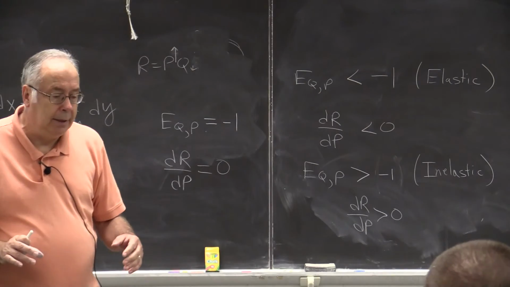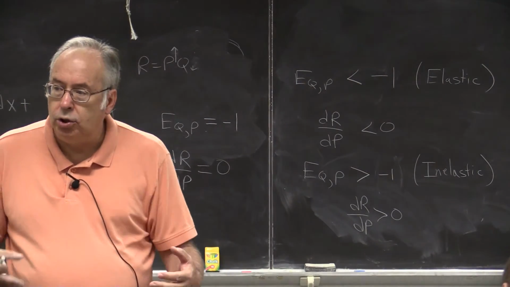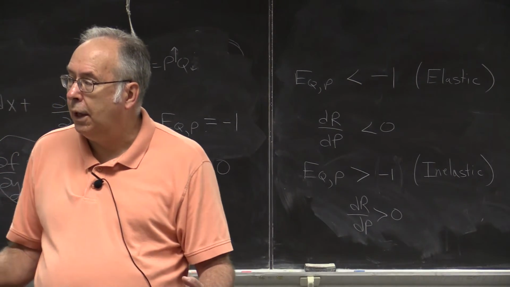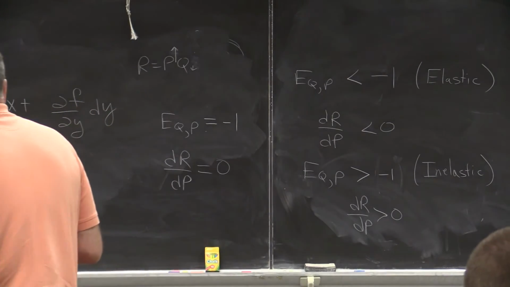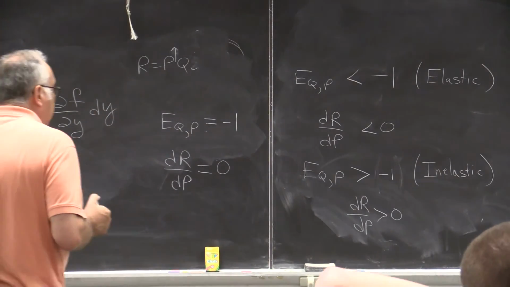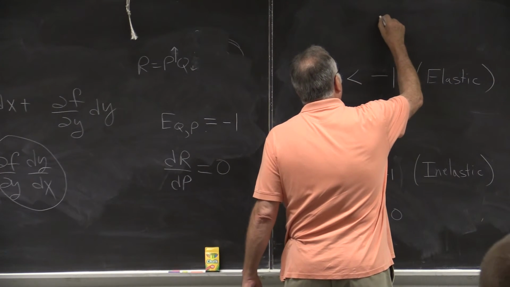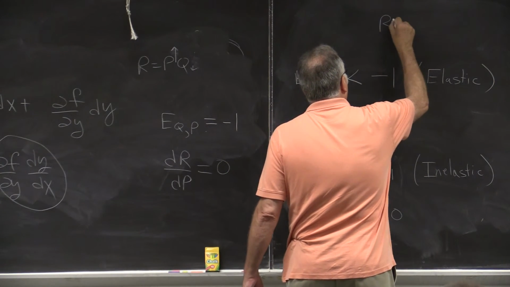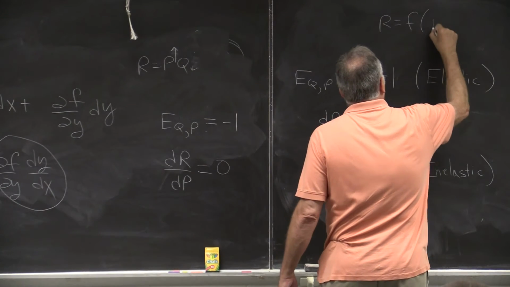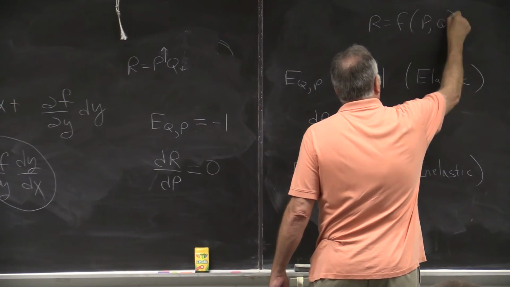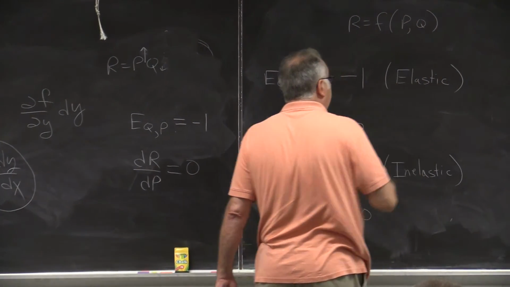This is the idea of a total derivative. And the total derivative is useful in situations where you have a dependent variable, say in this case R, which is a function of P and Q. And these two variables are related to each other.